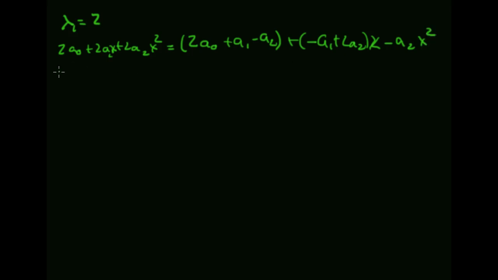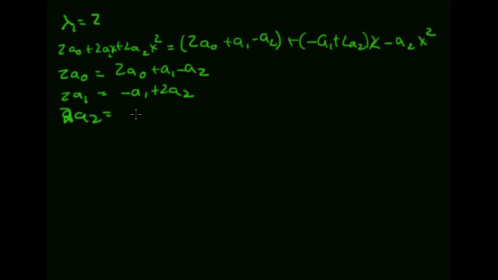So 2a0 should be 2a0 plus a1 minus a2. 2a1 should be negative a1 plus 2a2. 2a2 should be negative a2.